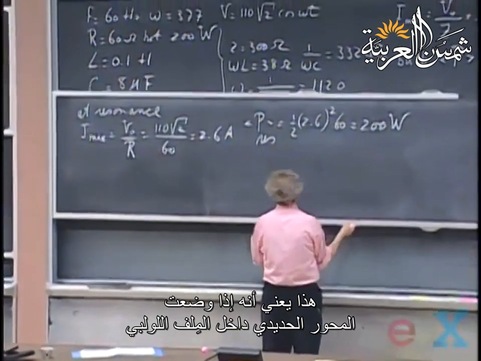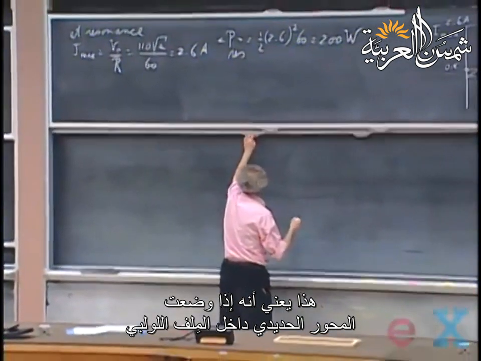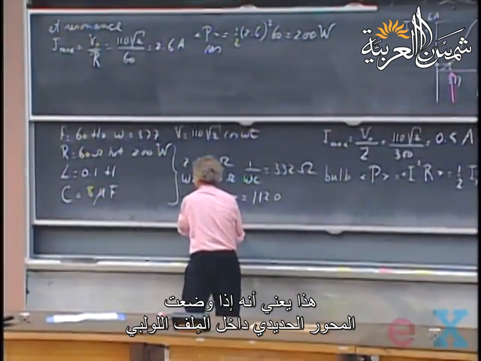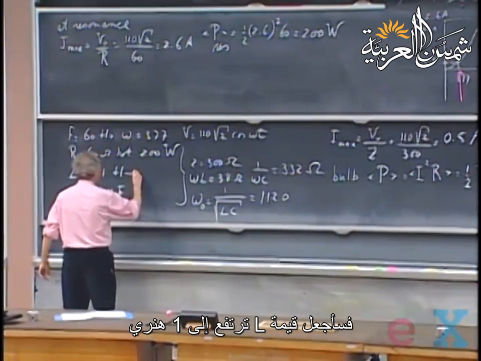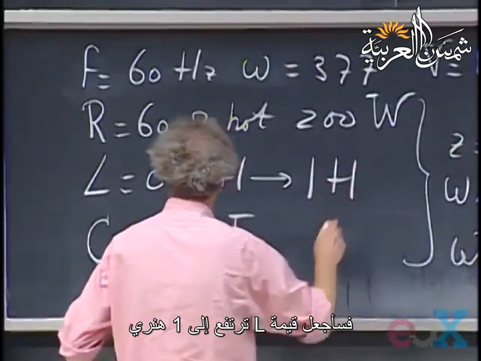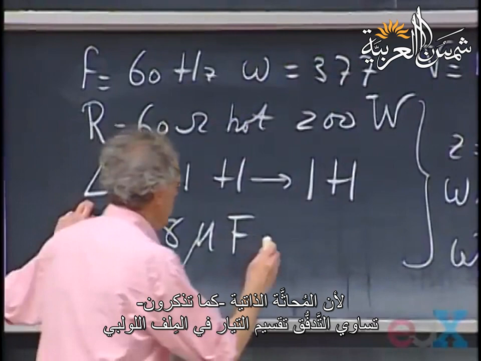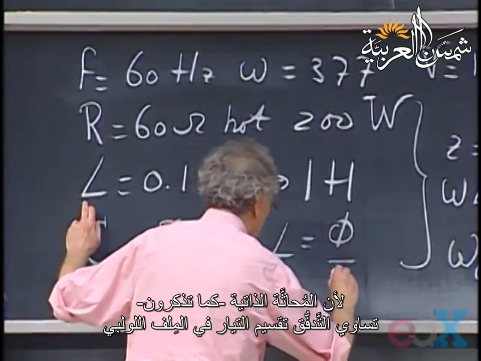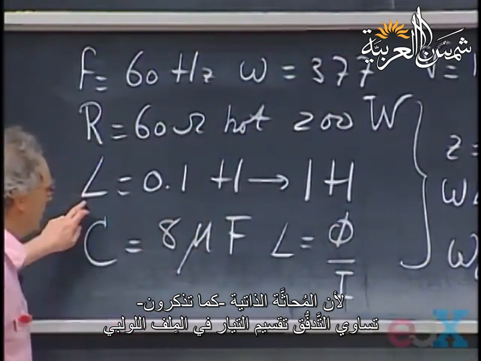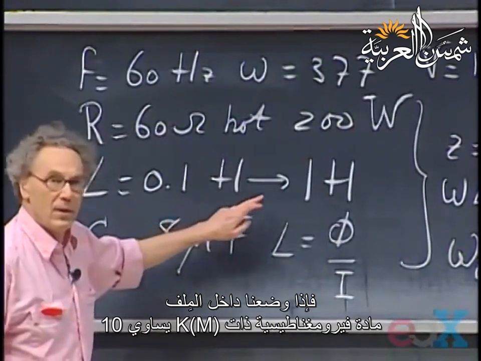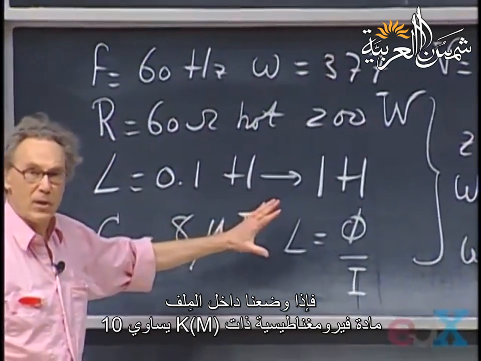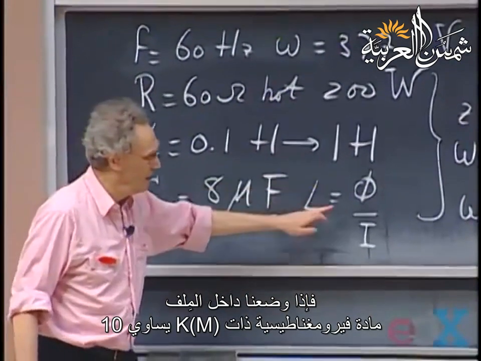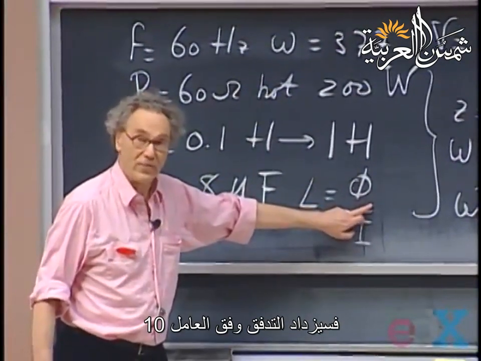So that means that if I bring that iron core inside, I could make this go up to 1 Henry. Because remember, the meaning of self-inductance is the flux divided by the current in the solenoid. And so if you bring in ferromagnetic material with a kappa M of 10, then the flux goes up by a factor of 10.